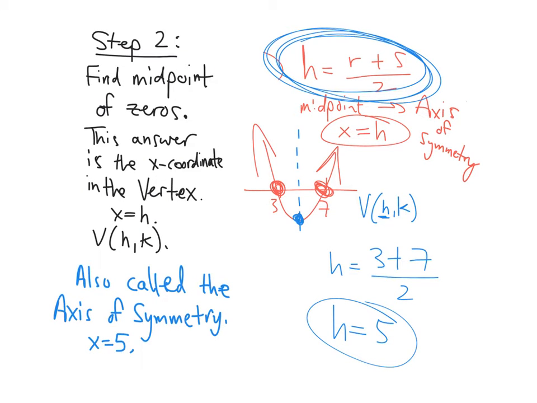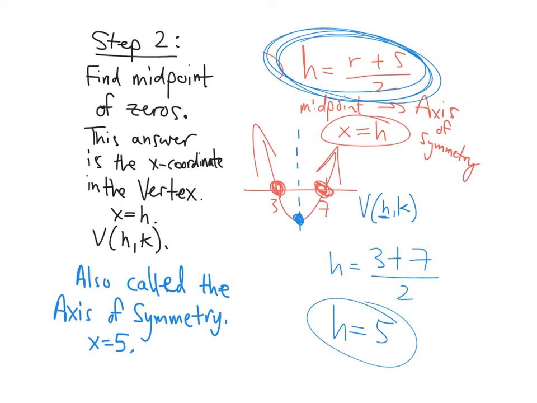And in step 2, we're going to find the midpoint of the zeros that were given, 3 and 7. And this answer is the x coordinate in the vertex, in other words, the h value. It can also be used to write the equation of the axis of symmetry, which in this case will be x equals 5.